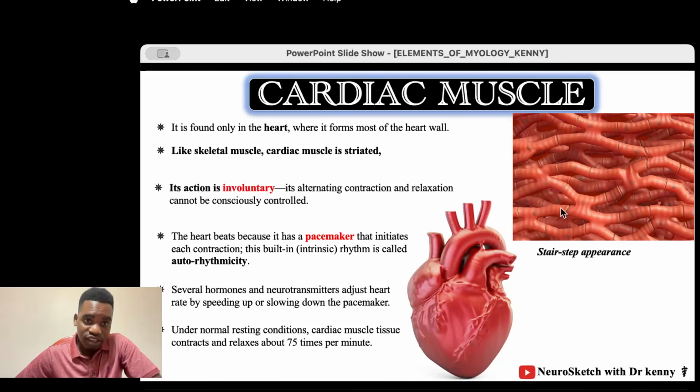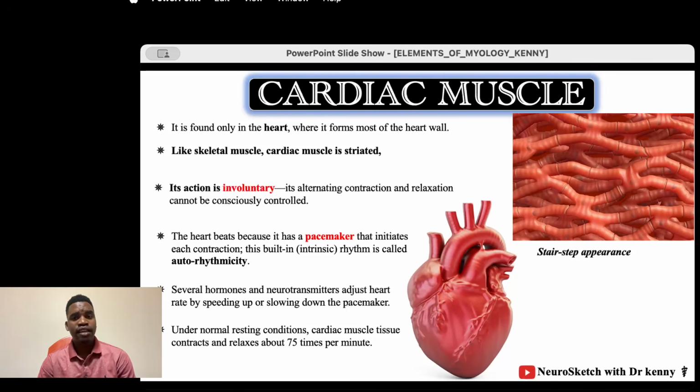But the action of the cardiac muscle is involuntary. Why? Because the cardiac muscle responds to its own pacemaker. You all know about the pacemaker of the heart, yeah? So it has its own source of electricity, and it responds to the action potential that is produced within the heart itself, right?